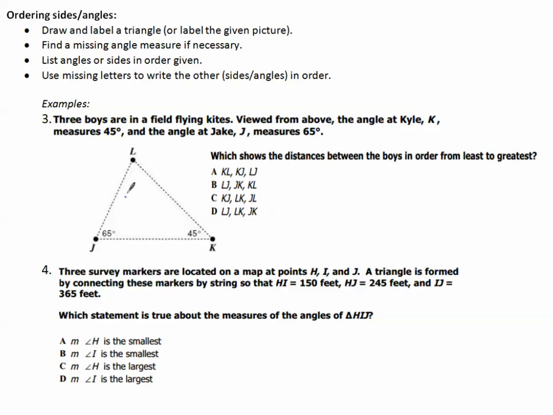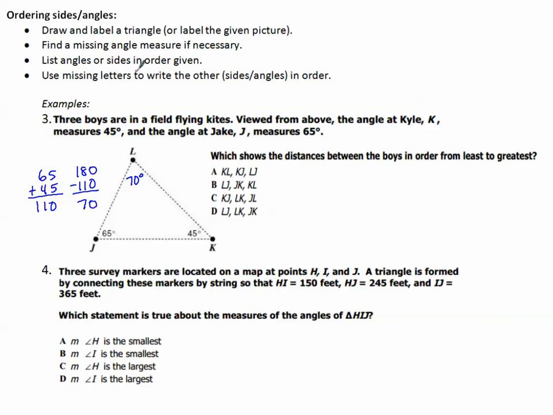Well, I remember in a triangle, all 3 angles add up to 180, so let's find the missing one. 65 plus 45 makes 110, and 180 minus 110 is 70. So the one that I'm missing, right up here, 70 degrees. I drew and labeled the triangle, but it was already there, so I didn't have to. I found the missing angle measure. There it is. It was necessary.